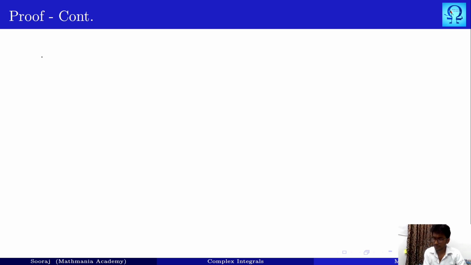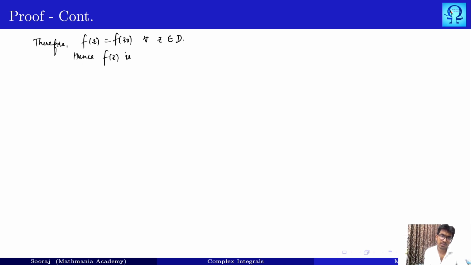Therefore, f of z is f of z naught for every point z in D. Hence, f of z is constant.